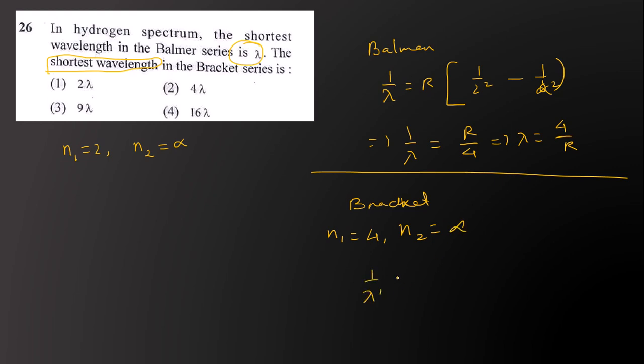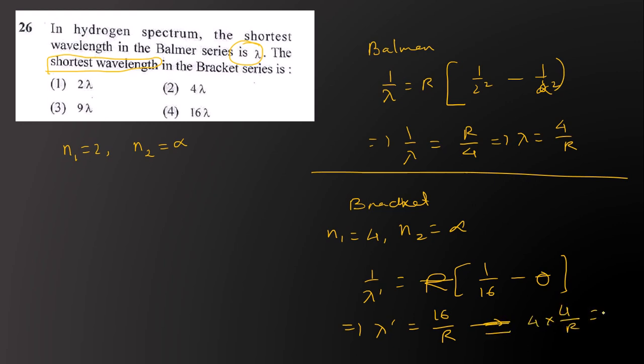Let's say in that case the wavelength is lambda dash, so this will be equal to 4 square, 16, and this is 0, so lambda dash will be equal to 16 by R. So if it is 16 by R, what does it mean? 4 into 4, so this is 4 into lambda, so option 2 is the correct one. Let's move on.